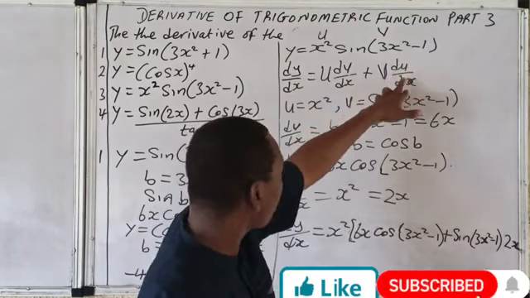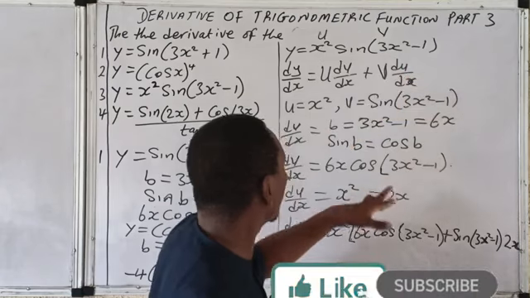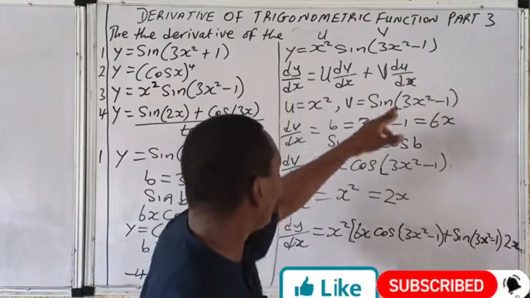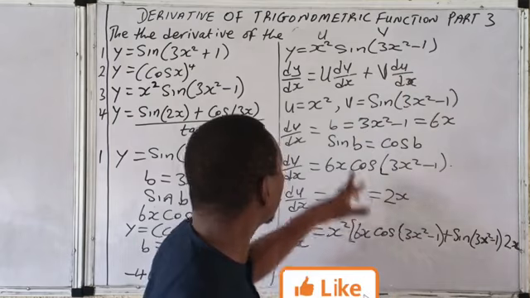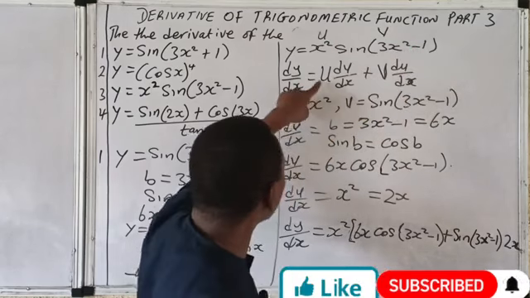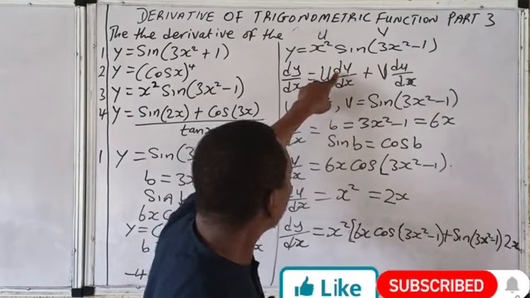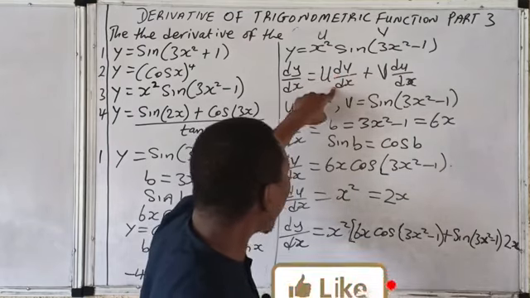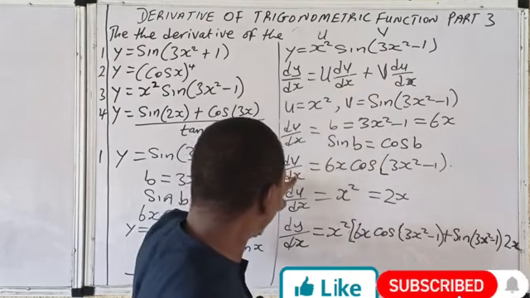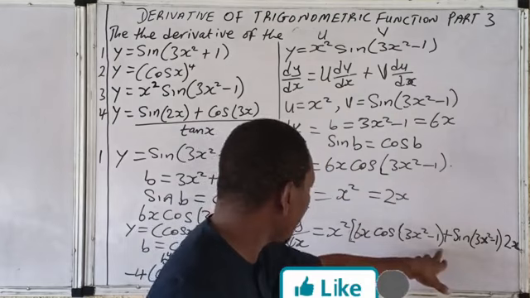Now I also look for this, du/dx. I differentiated u, we have it here. Now, this equation simply means I'll pick u here, drop u here. Now, dv/dx, I've already solved for it. This is the answer. I just put the answer here.